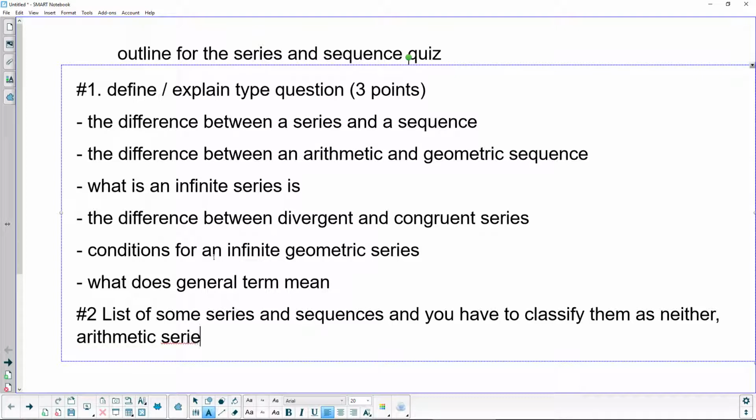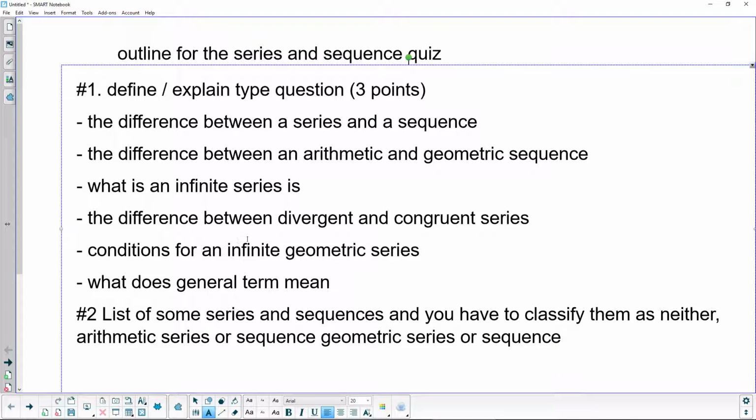series or sequence, and or you could have geometric series or sequence. There's actually 5 choices. Okay, so for example, and that's worth 5 points.